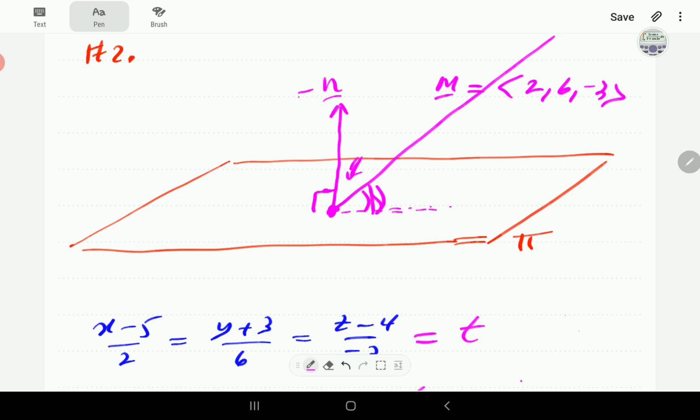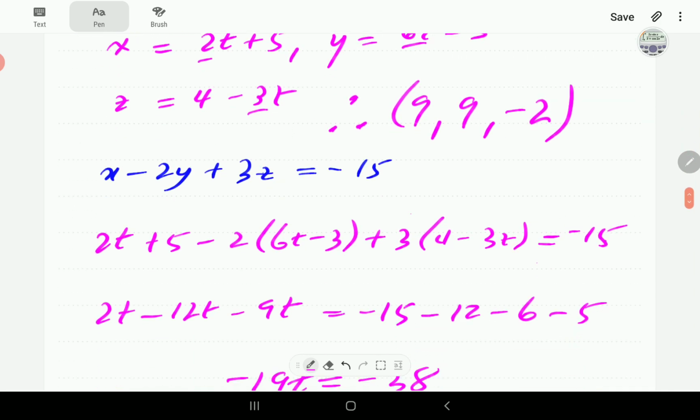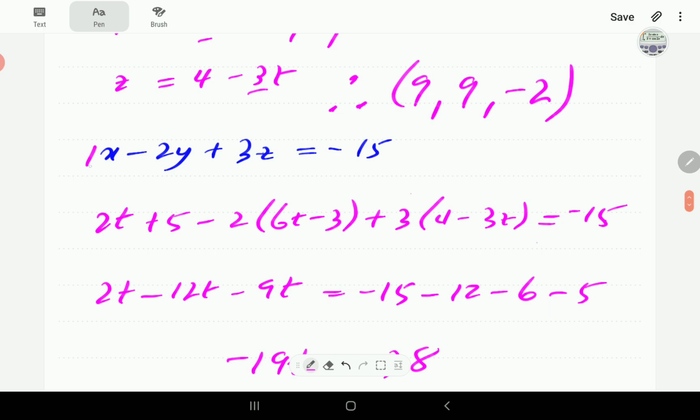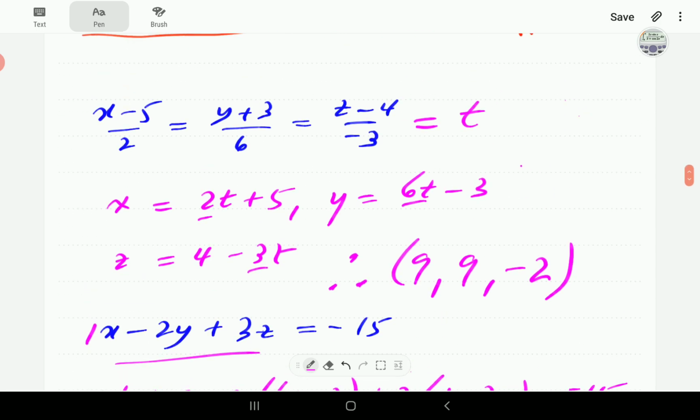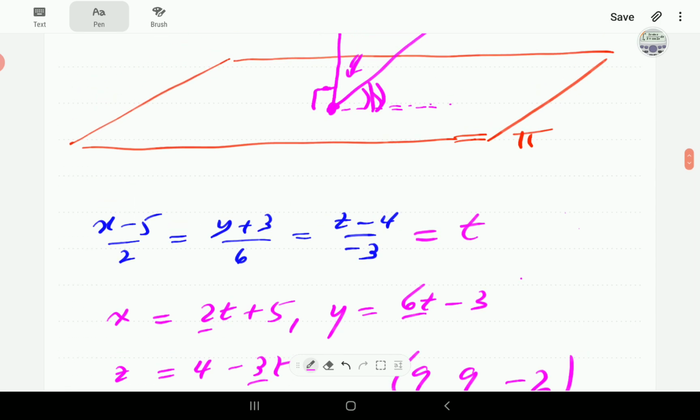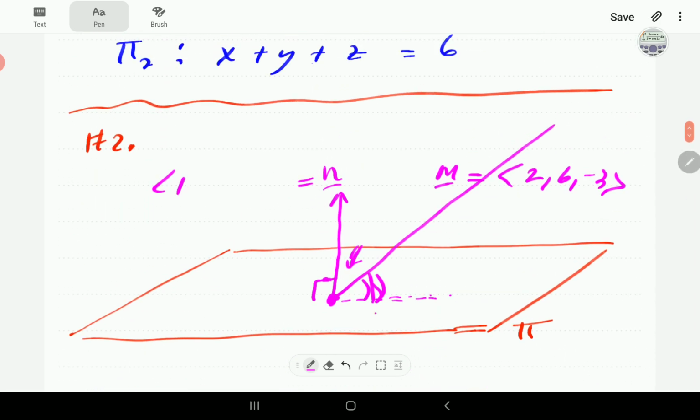We need the normal of the plane. It's just going to be the coefficients of the x, y, and z variables in scalar form. It's going to be 1, minus 2, 3.